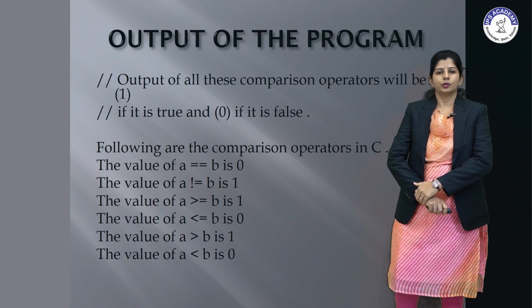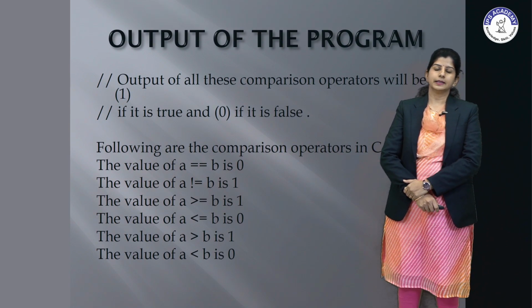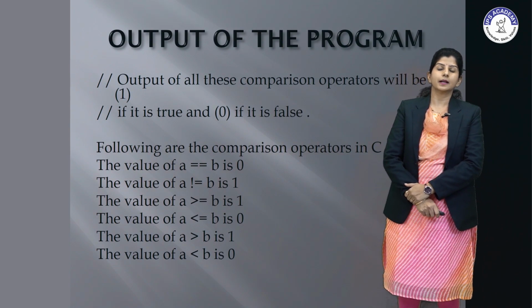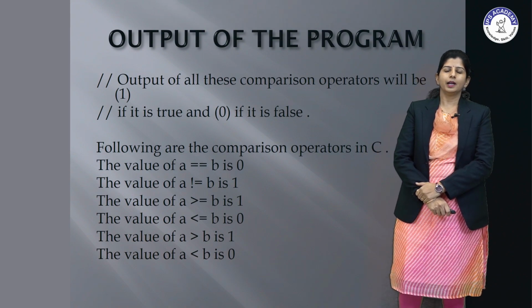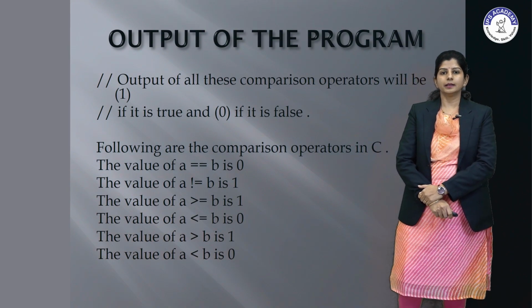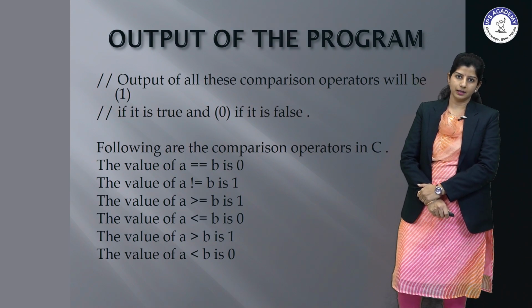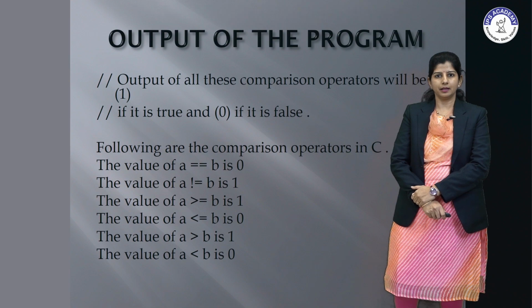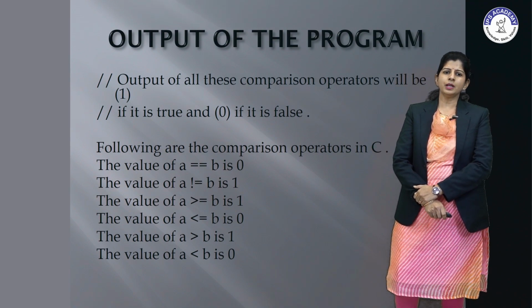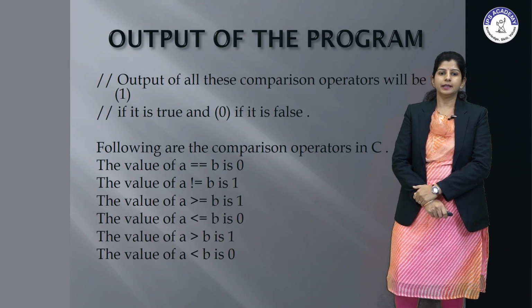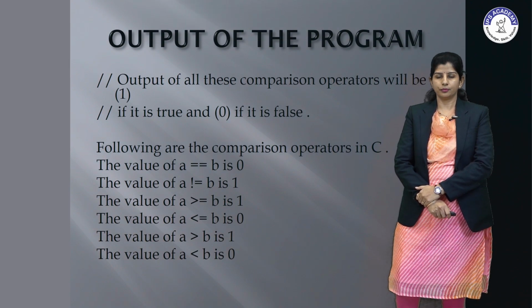What is the output of the program? First, there is a line which I am writing as a comment, because we have to know we are not getting the exact values, we are comparing the two variables, and when we compare two variables, we always have to note that we get the result as true or false.